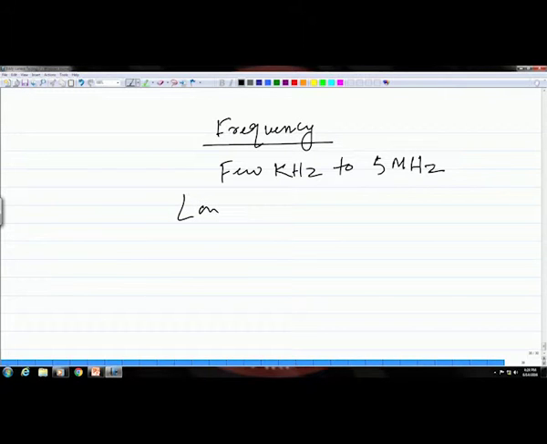As you could see from the previous equation that we just derived for the depth of penetration, if you have low frequency, then penetration is high, but the sensitivity to detection of flaws is less.